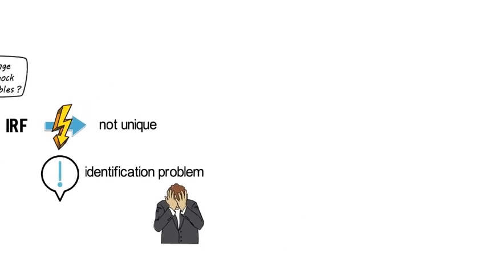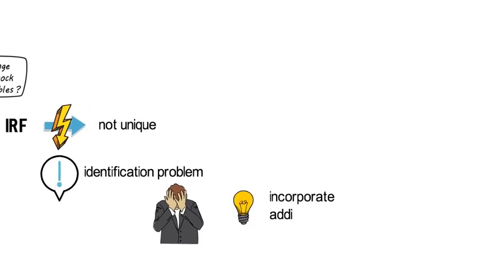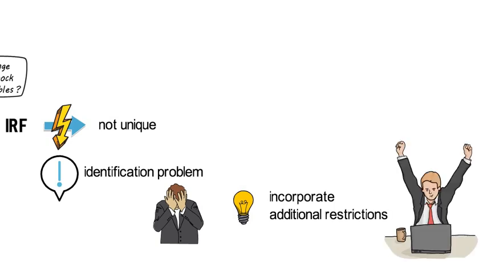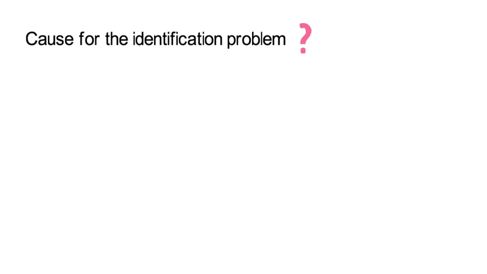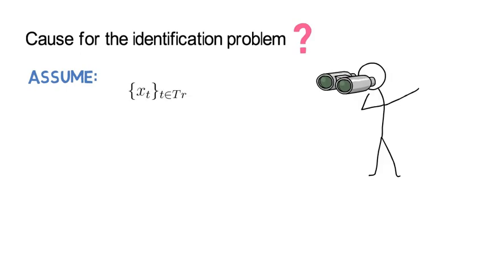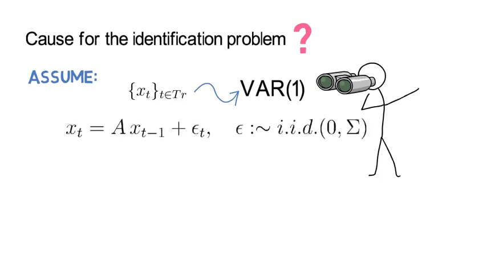Now the identification problem can be solved if additional restrictions are incorporated. But before we move on towards such restrictions, I want you to understand the cause for that identification problem. For that, assume that you observe a time series x_t, which we assume follows a VAR1 model with the following shape.